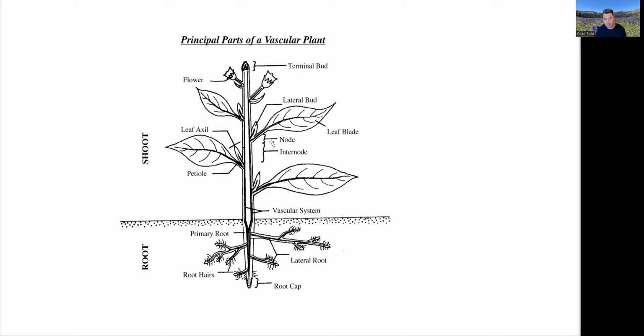The reason that we want to be familiar with internode is because it's another identifying characteristic. Whether a plant has very long internodes or very short internodes, that can be characteristic of a particular plant. It can also be characteristic of something about the plant's condition.